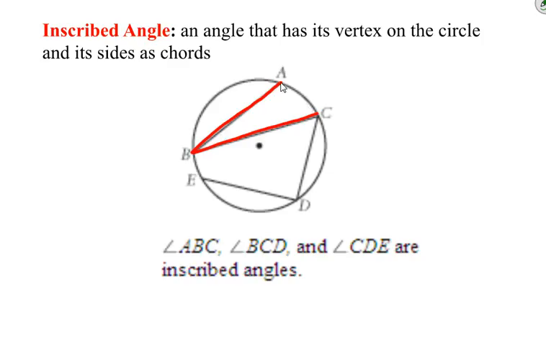We have inscribed angle BCD, where vertex C is on the circle. And we have inscribed angle CDE, where vertex D is on the circle. And all the sides of these angles are chords of the circle.